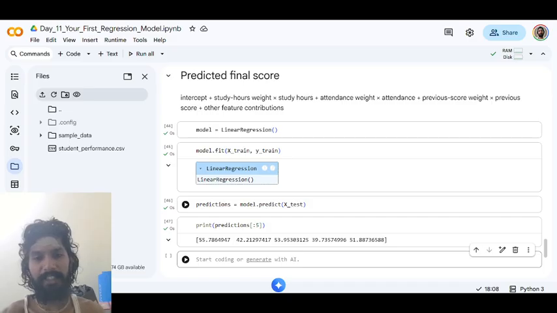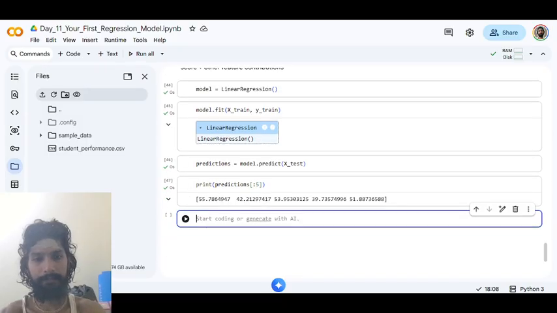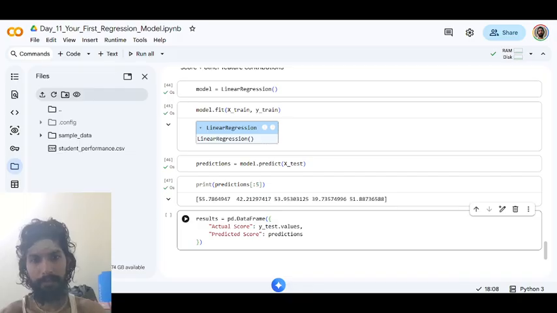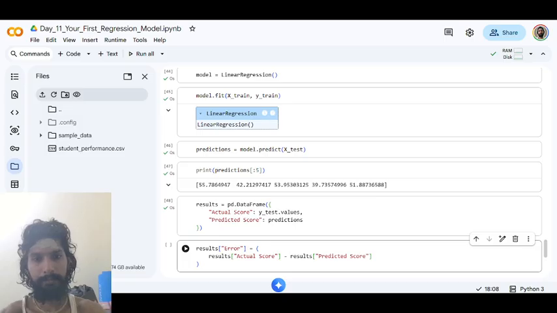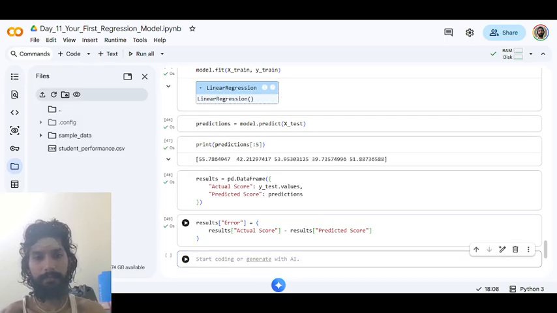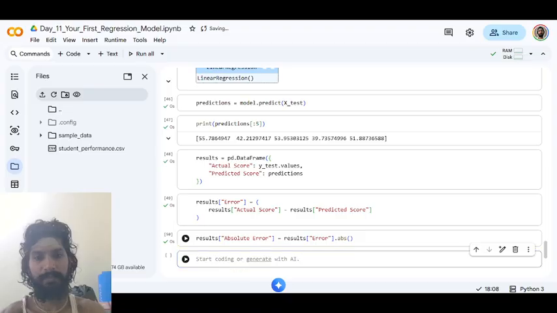Let us create a table that compares the actual and predicted scores. Now calculate the error. Calculate the absolute error as well. Now display the first 10 rows.